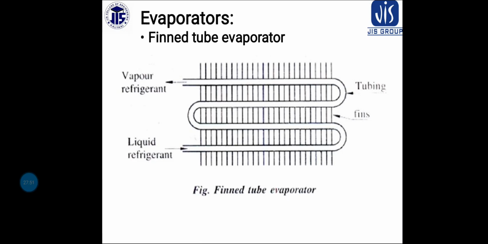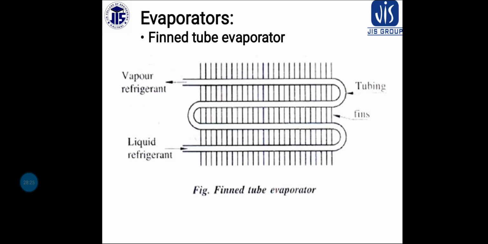What do you mean by fin tube evaporator? The fin coils are bare tube coils upon which metal plates or fins have been installed. The fins increase the surface area of the evaporator, which results in increased heat transfer and capacity. The size and spacing of fins depend upon the type of application. Such evaporators always have a direct expansion feed of liquid refrigerant.